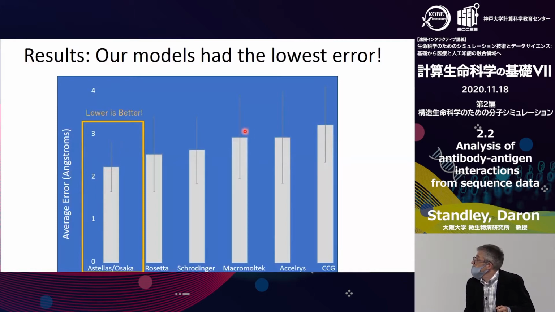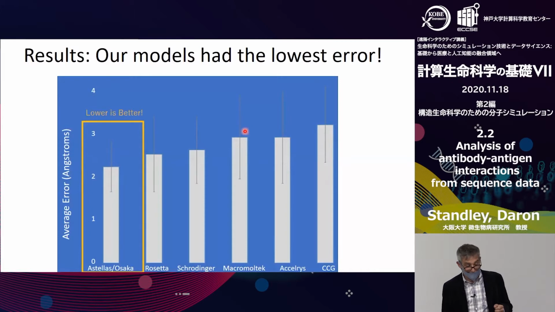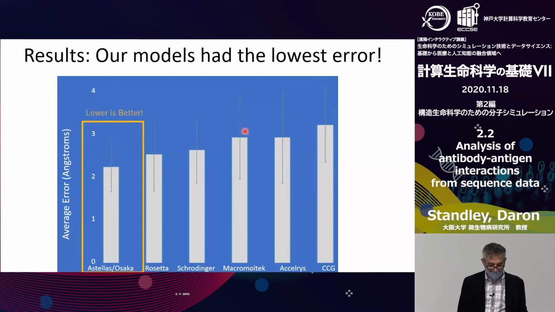And this was a shock to everyone, especially us. We didn't expect that we could do as well as Schrödinger or Rosetta. And so this, of course, got me interested in antibodies because, you know, it's not like I win contests every day.